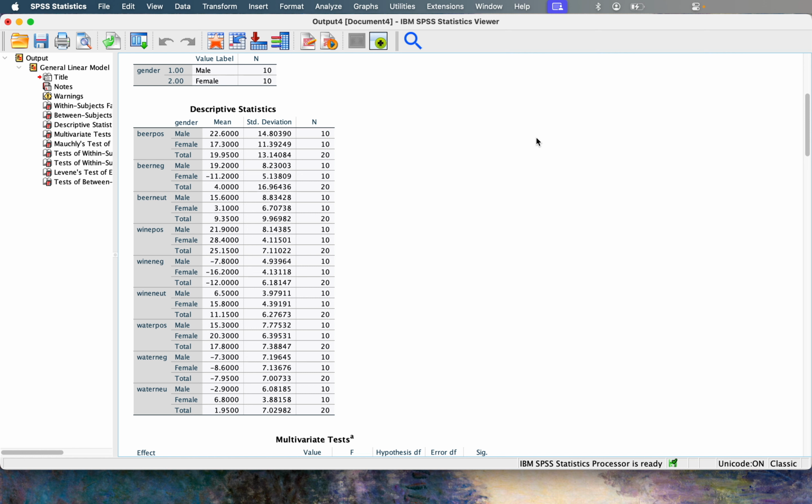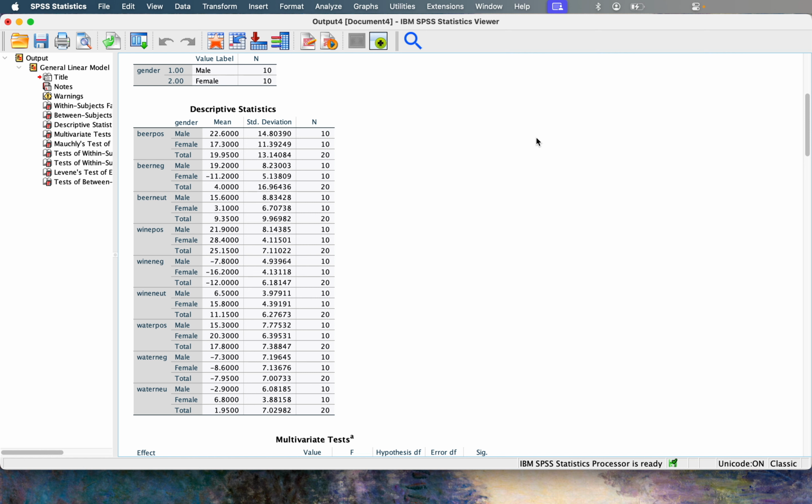Now, negative imagery. We see that negative imagery significantly decreased the ratings for all beverages, with wine the most impacted, with a mean of -12 and a standard deviation of 6.18. So females rated wine with a mean of -16.20, standard deviation equaling 4.13, and beer mean equaling -11 and standard deviation of 5.14.